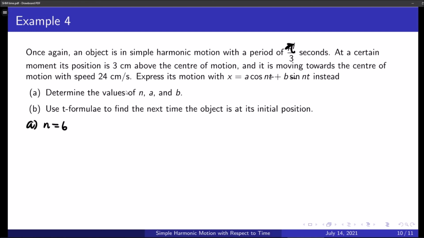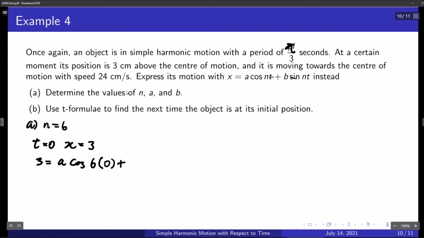Let's say when t equals 0, we have x equals 3, which means 3 equals A times cosine 6t. Actually, sorry, it's not really t because it's 6 times 0.